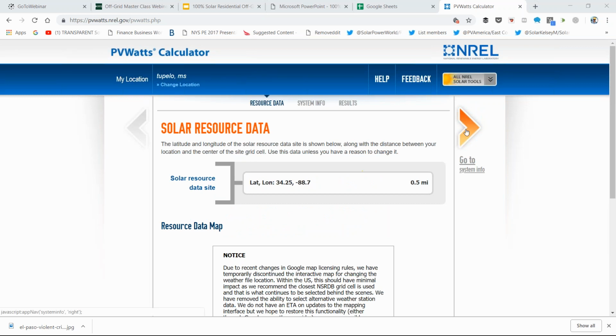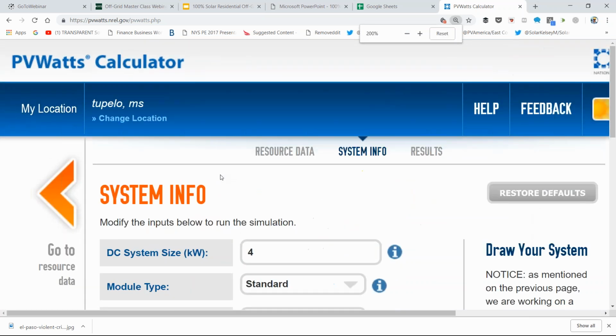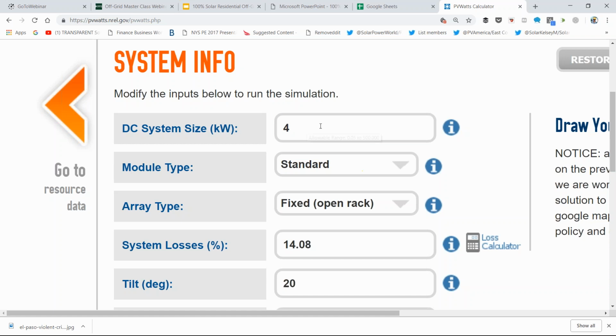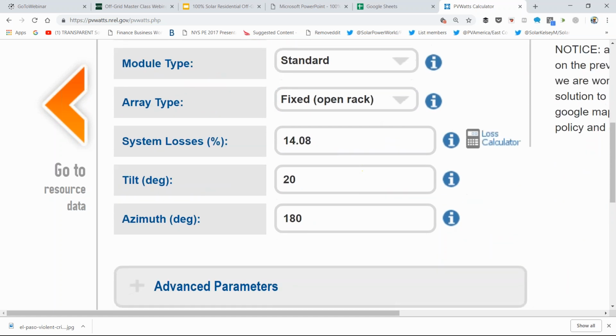So PV watts is a very easy to use calculator. I don't recommend changing too much. One thing I do recommend is running a PV watts calculation for 1 kilowatt, because in our model we'll use that as a scalar. A 5 kilowatt array will produce 5 times as much as a 1 kilowatt. And I don't really recommend changing anything else.